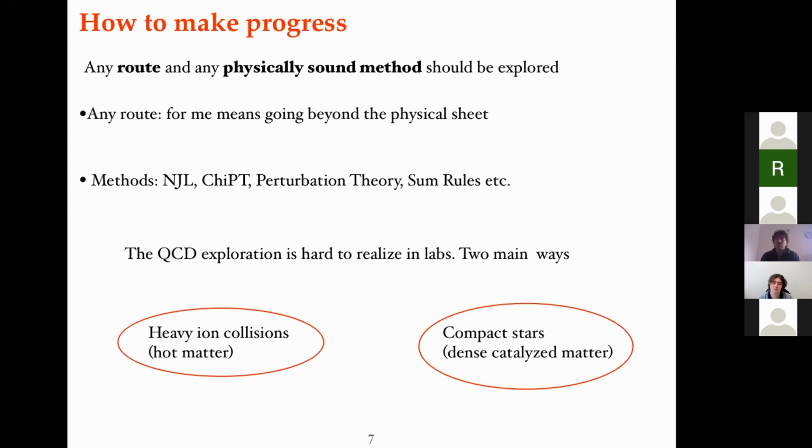One important distinction which one has to make is that the properties of matter in heavy ion collisions and in compact stars differ. First of all, heavy ion collisions produce hot matter at vanishing baryonic chemical potential, while compact stars are dense matter which is catalyzed, which means in net electroweak equilibrium, so it is stable.